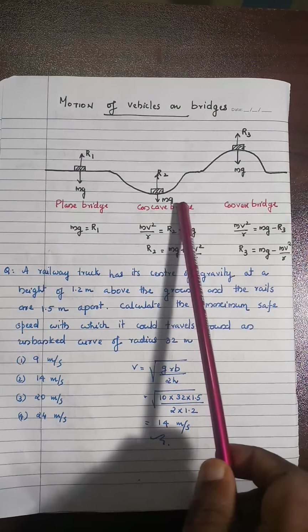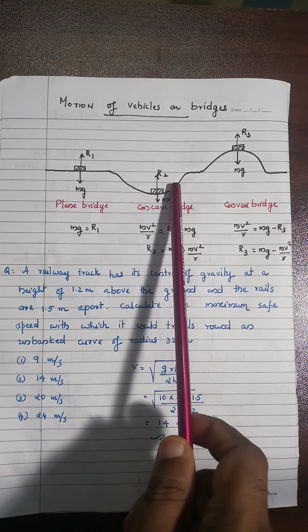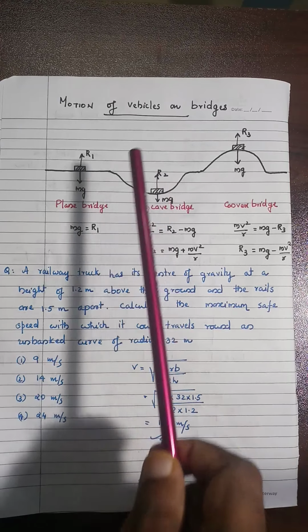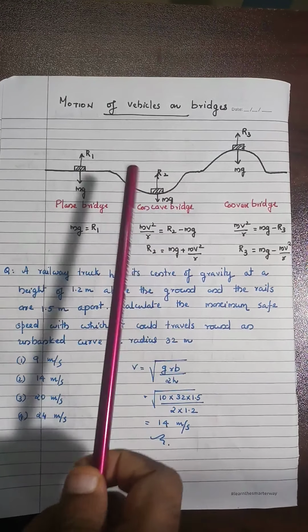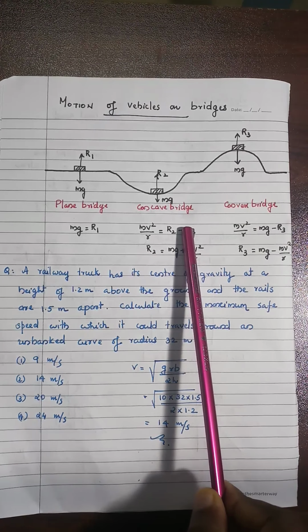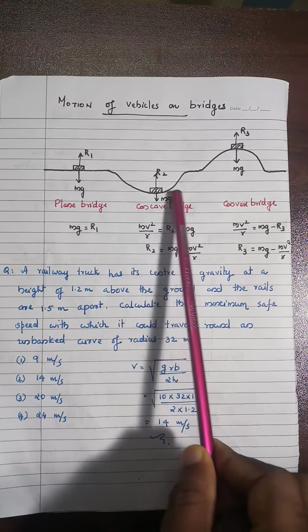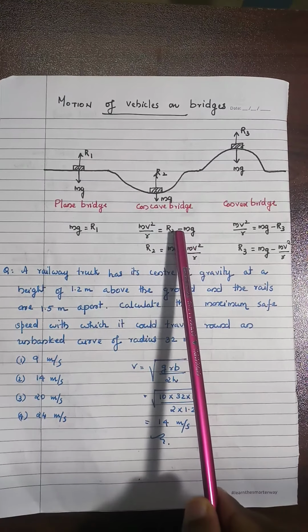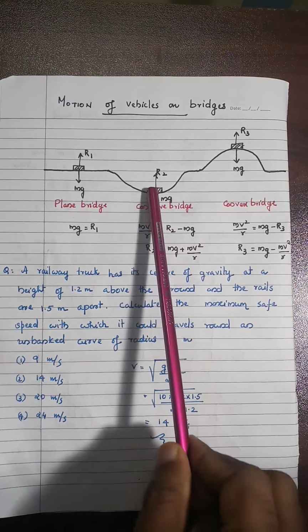But the concave bridge is part of a circular motion. There the reaction is acting along the radius towards the center. That will provide the centripetal force, and hence we can write m v square by r is provided by R2, but it is lessened because of the weight, and hence we subtract it, and we can find the reaction acting on it.